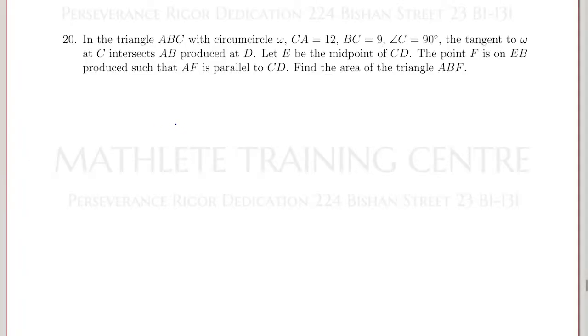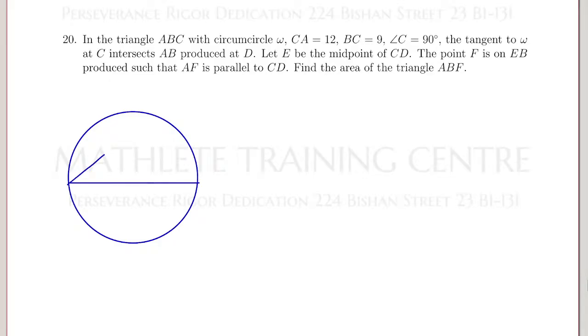In a triangle with the circumcircle being omega, you have a 12, 9, and a 90 degree. So it's a 15, 12, 9 kind of triangle, right? But you don't really need to know the 15.